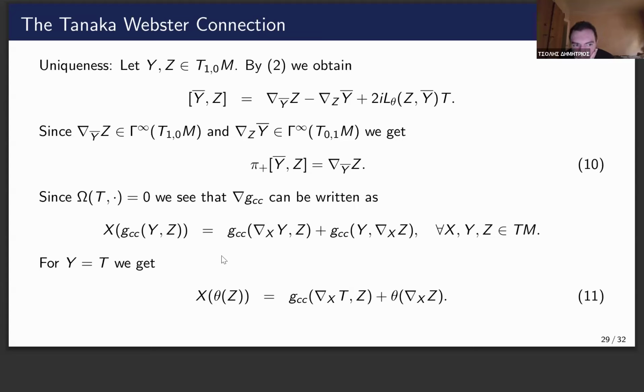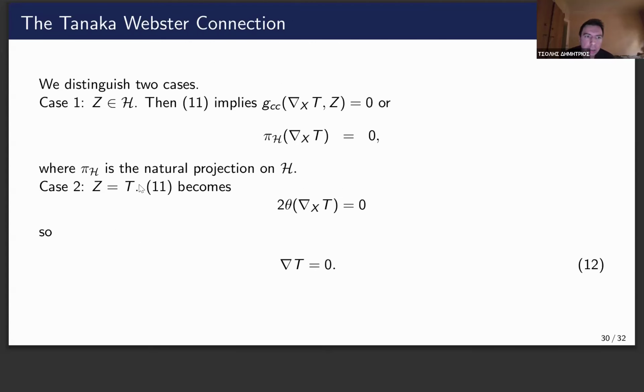So now we essentially have two cases. The first case is that Y is equal to T. So Y is equal to the Reeb field. In this case, we get this. No, this is another case, this is a case when Z equals the horizontal bundle. And using this previous relation, we get that this is equal to 0.